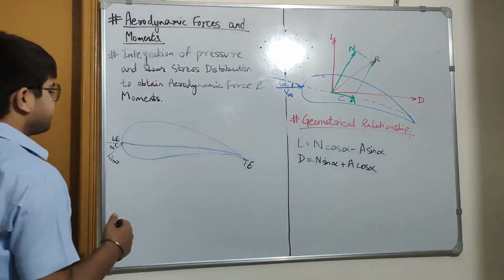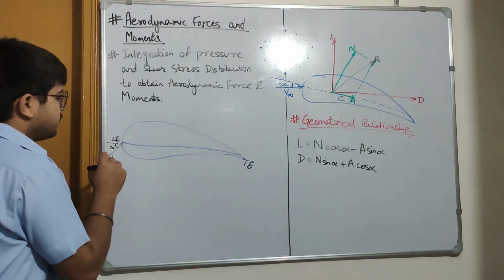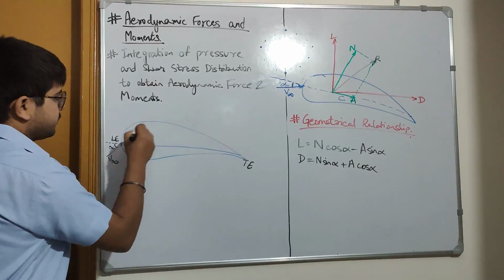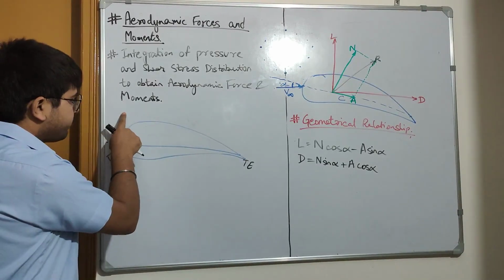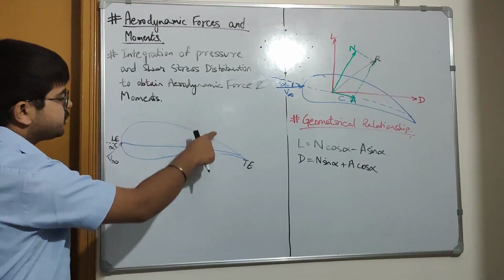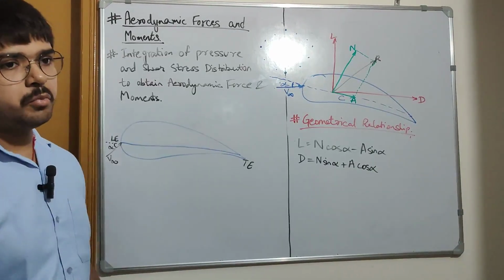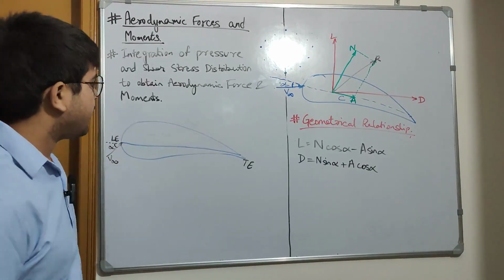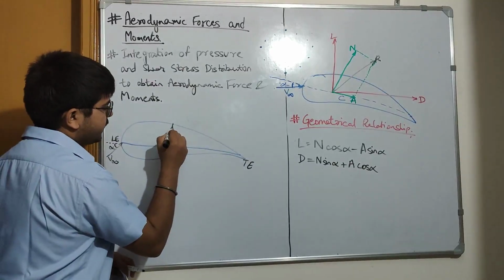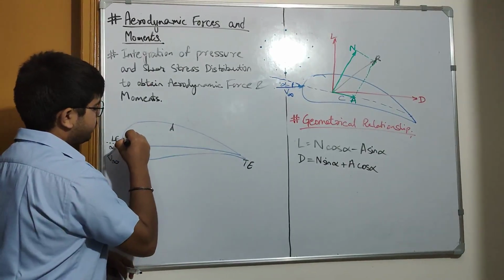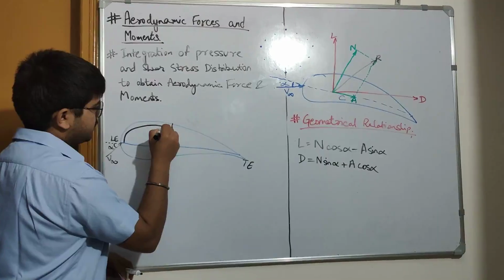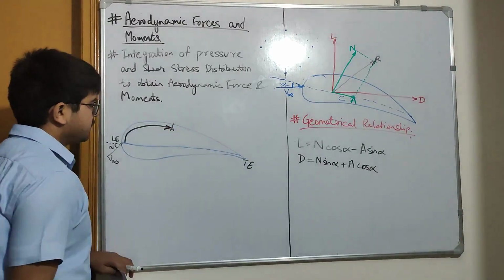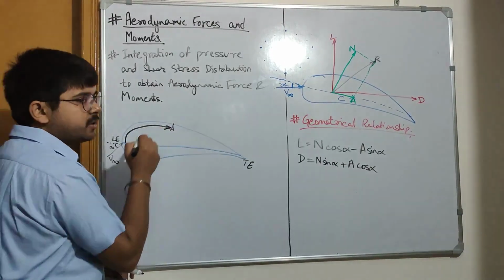Now coming to the upper portion, we know that we have pressure and shear stress distribution over the whole body. So at any point, take say A, we will have two things.